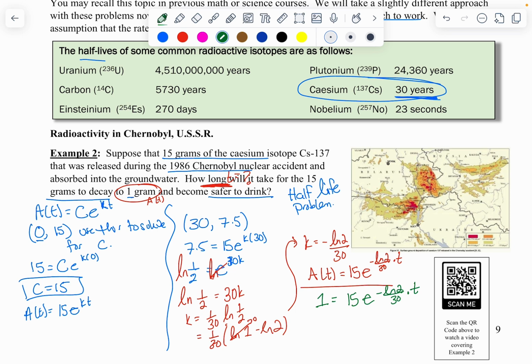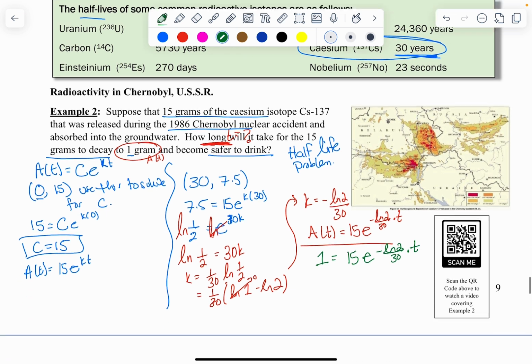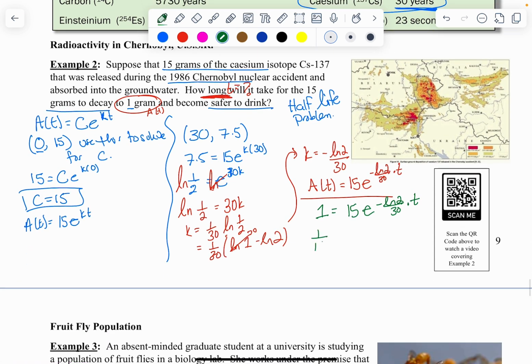So divide both sides by 15. Take the ln of both sides. So we got 1 over 15. I'm going to take the ln of both sides right off the bat, because when we take the ln of this side after I divide by 15, what are you left with?